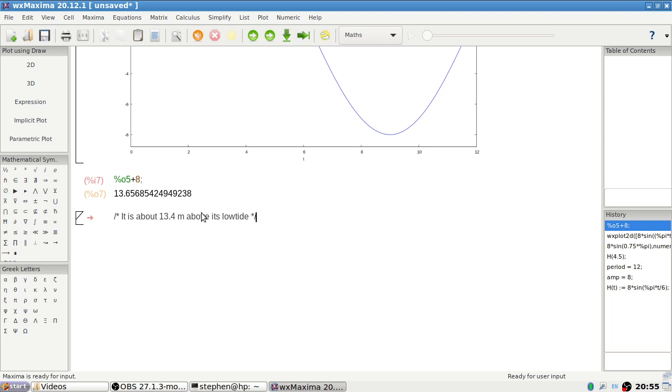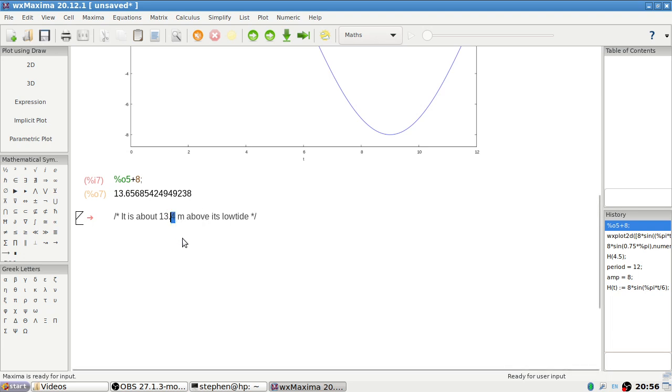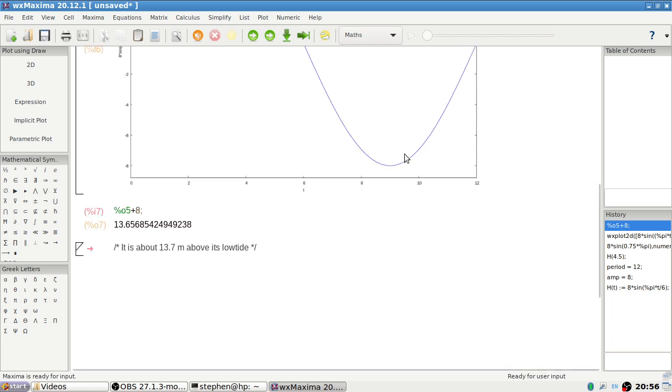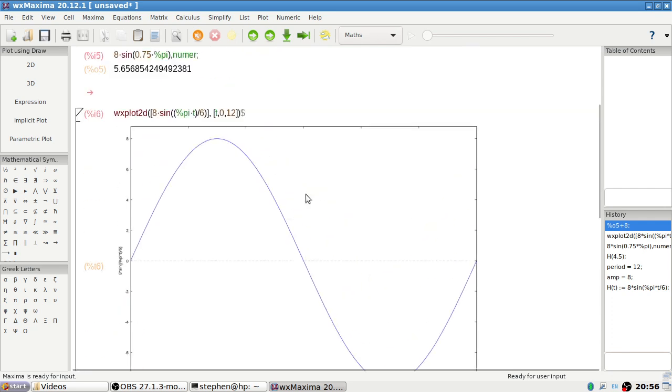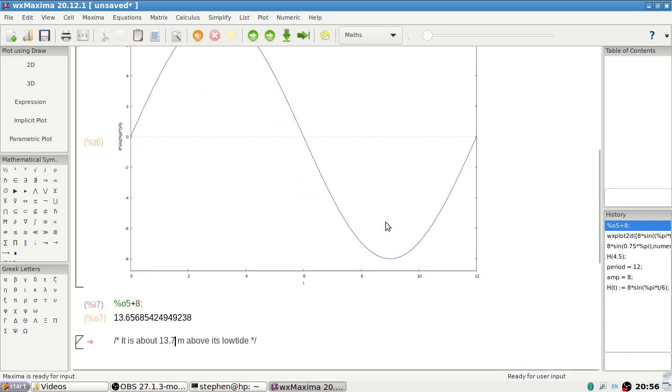Again, I don't want to spam them with suggestions, but I know what they're trying to do here. It's simple harmonic motion around the equilibrium. But yeah, I think I would express that height at 4:30 a.m. as being about 13. Why did I say 13.4? What is with me with rounding today? 13.7. Come on. 13.7 meters above its low tide. Yeah. Minus 8 to plus 8. So there's a, yeah, okay.